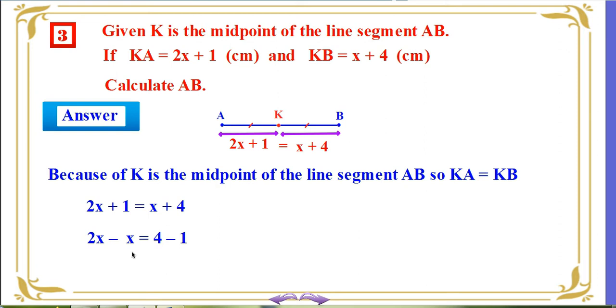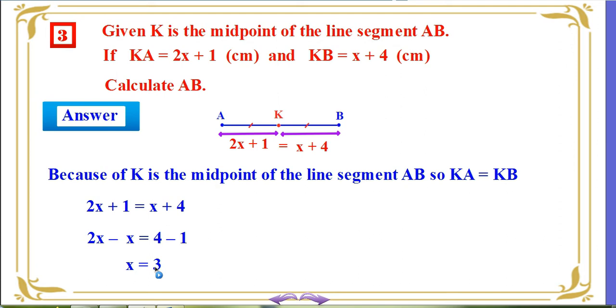You must change the sign of the term. So we move x from the right side to the left and change the sign to minus x. Similarly, we move the plus 1 from the left side to the right and change the sign to minus 1. So the problem becomes, from there we find x equals 3.